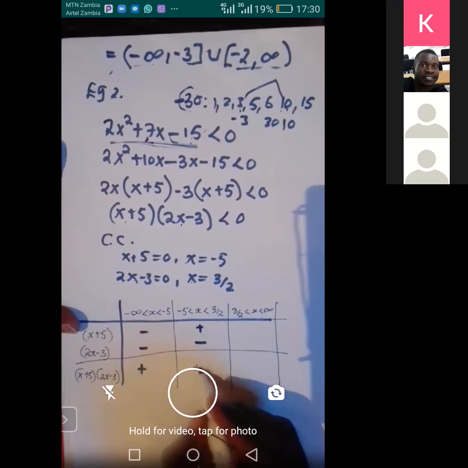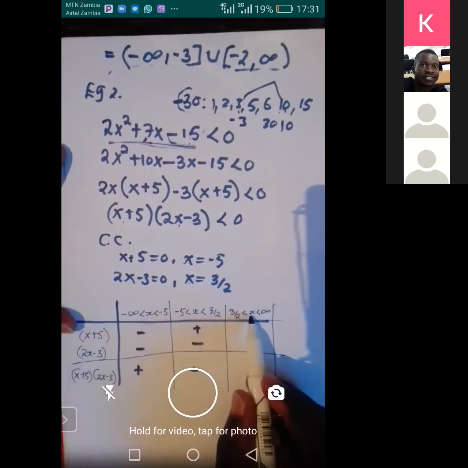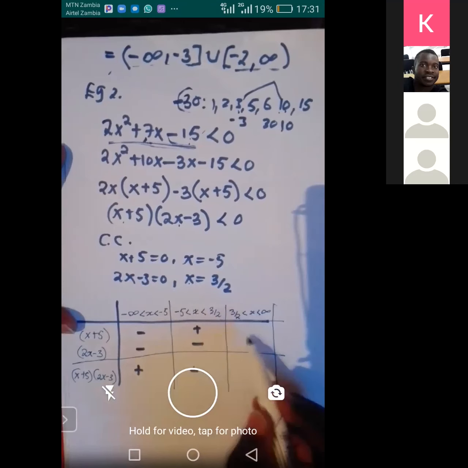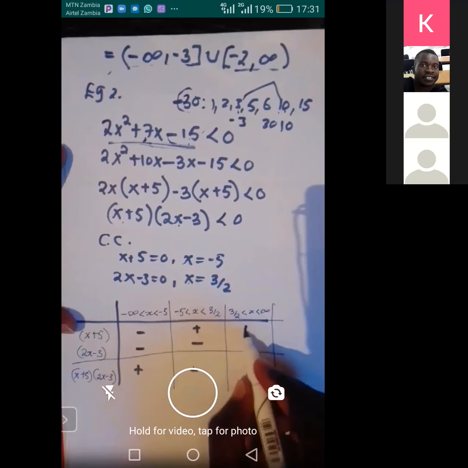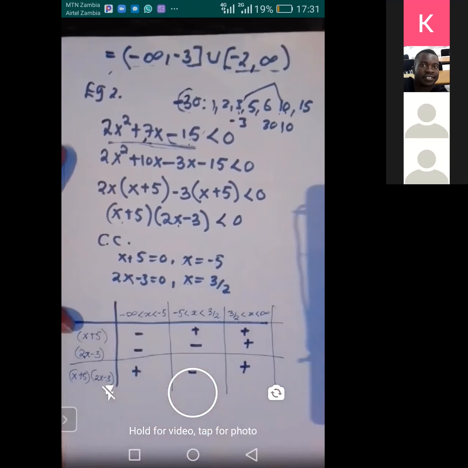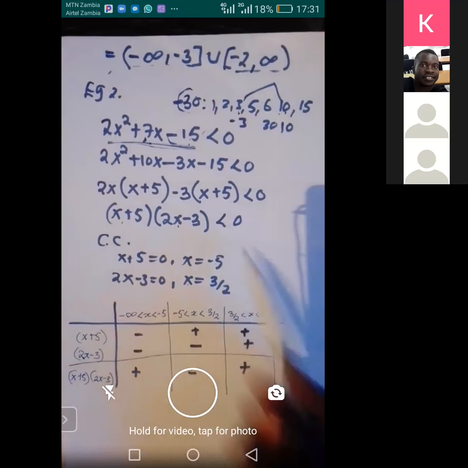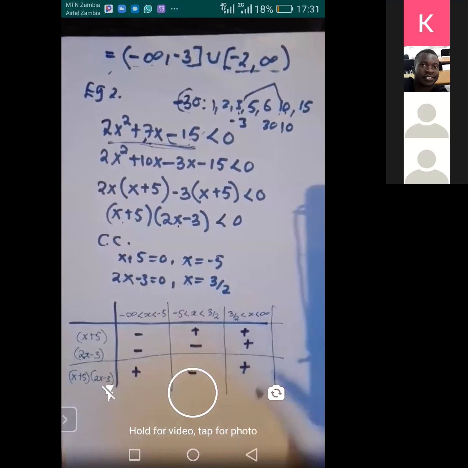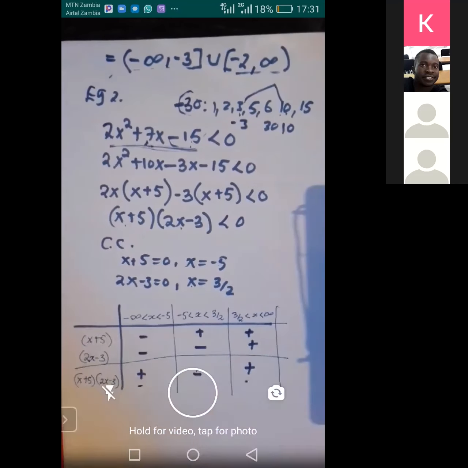In this range, you pick a test value. Let's pick 2. 2 there, you're going to get a positive number. 2 there, you get a positive. Positive times positive, you get positive there. So you see, no positive number is less than 0, so forget about this. So a negative number is the one which is less than 0 here.